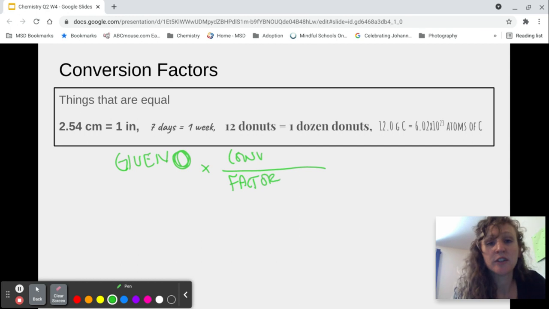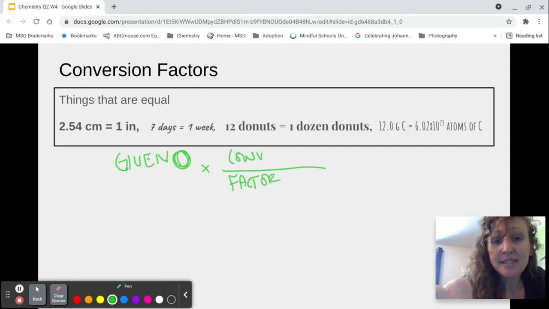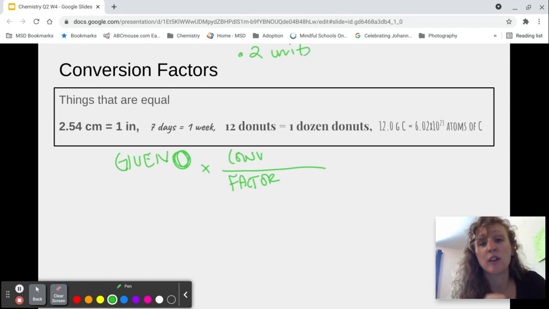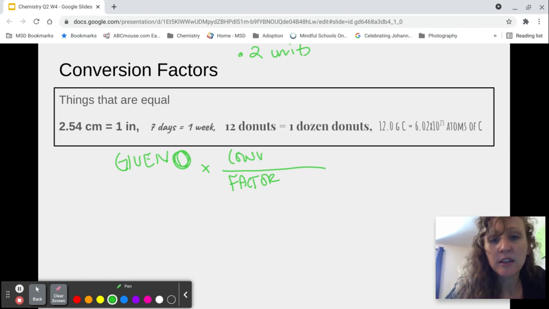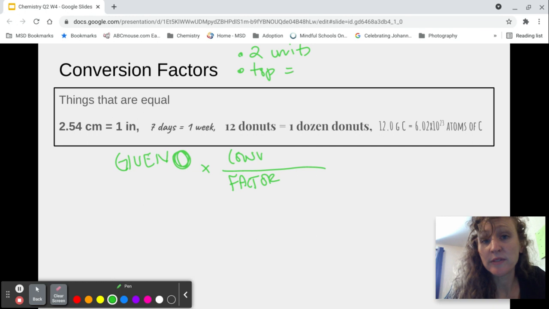Now, the conversion factor must have 2 units. If the thing you're looking at does not have 2 units, it can't be a conversion factor. Another thing the conversion factor has to have is that the top is going to be equal or equivalent to the bottom of the fraction.